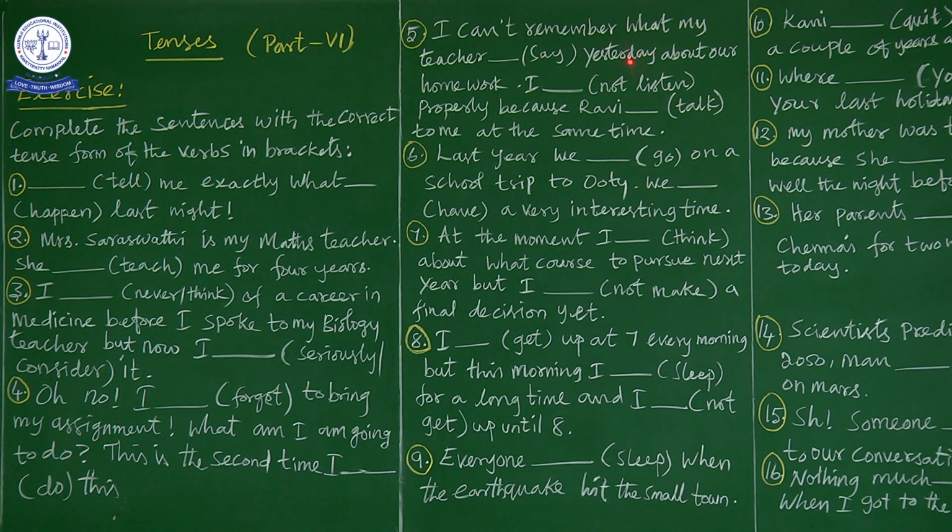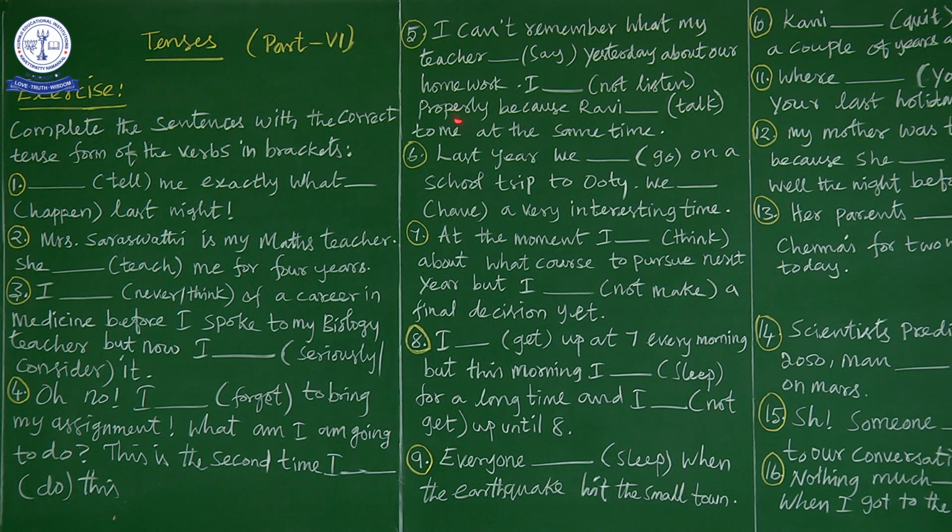Yesterday is a keyword for simple past tense. What is the sentence structure of simple past tense? Subject plus was or were or V2, that is a past form. So here we have to change this say into past form. What is the past form of say? Said. So I can't remember what my teacher said yesterday about our homework. One we have completed.